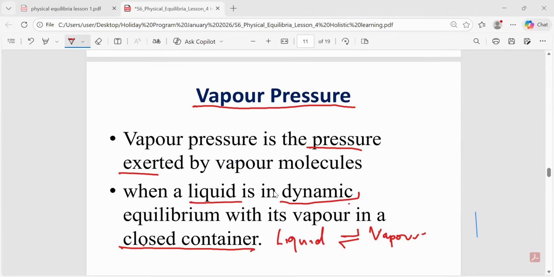So a clear breakdown, the key ones we are seeing here: it is in a closed container, a system that is closed, not allowing the molecules inside to get out. That is the key thing that we are seeing in this case. Another key point is that at the same time, vapor particles return to the liquid.